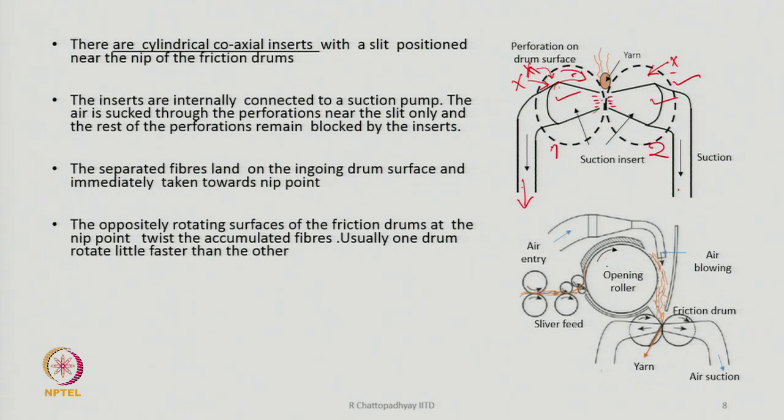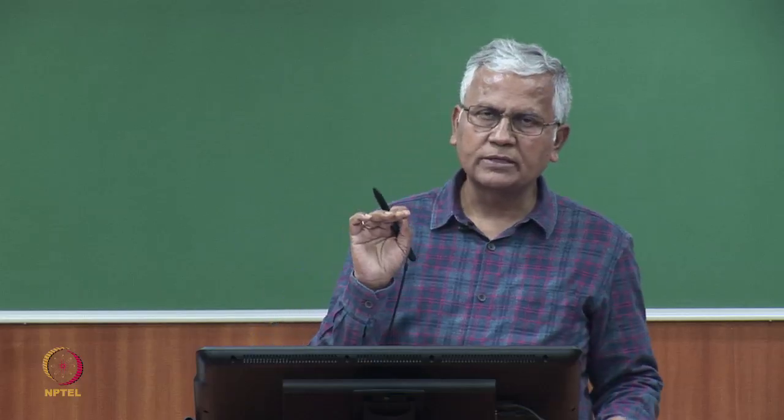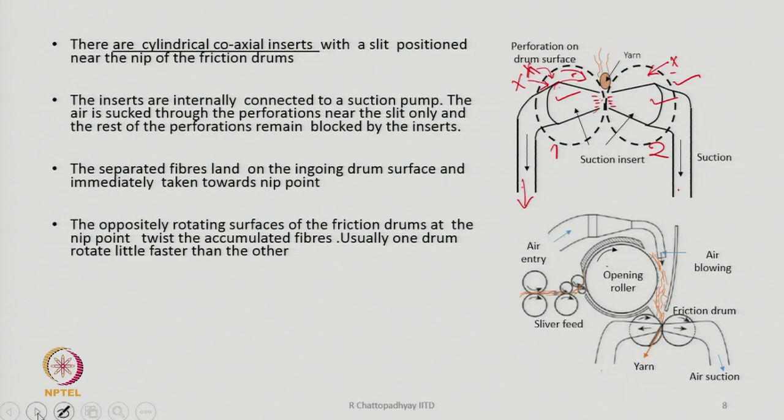One of them will rotate a little faster than the other. We will see why it has been done later on. They are practically the same, but one is a little more, maybe 5% or 10% more than the other. This is going to help to make the yarn a little stronger.